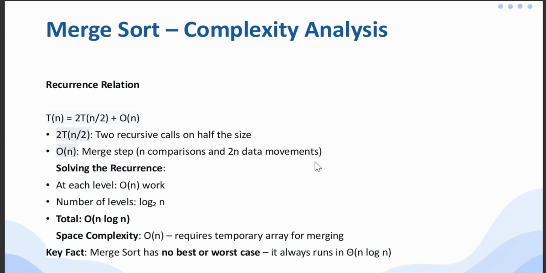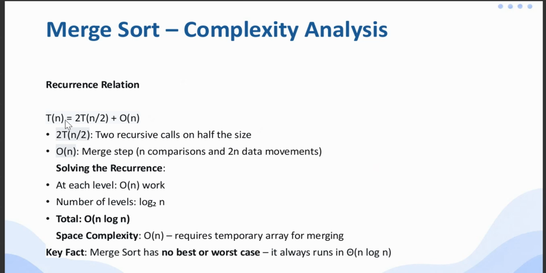So now we will be discussing merge sort's complexity, right? So the time complexity of merge sort is determined by its recurrence relation, right? So let me analyze it carefully.